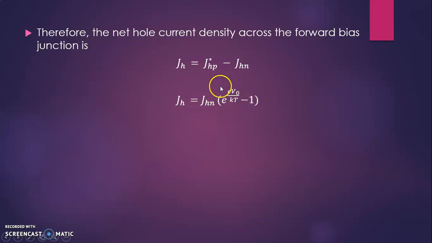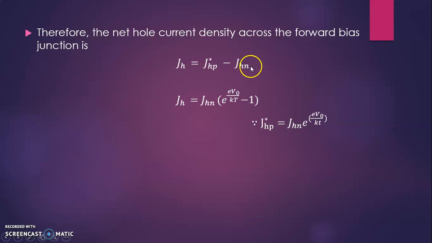This we can write by using the previous equation, J star suffix HP, which is equal to J suffix HN into e raised to eV naught upon kT. So in this position we can write J suffix HN into e raised to eV naught upon kT minus this term.